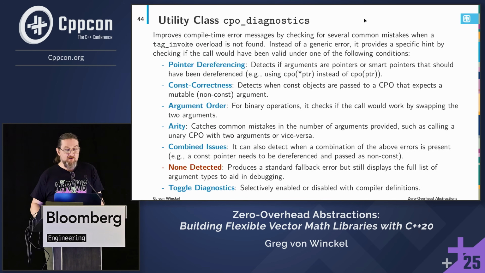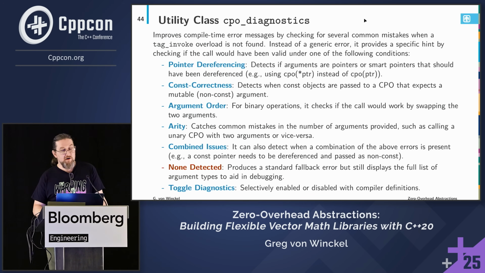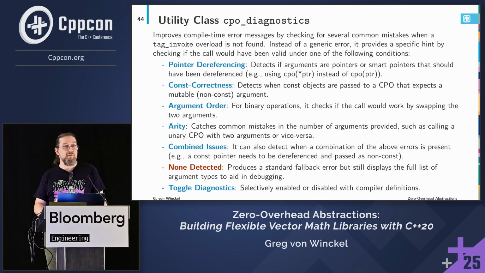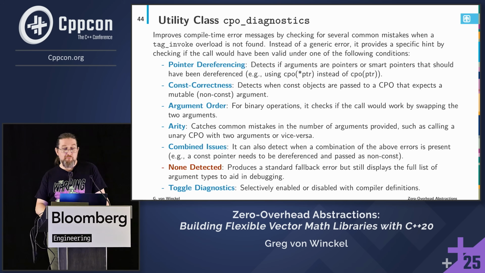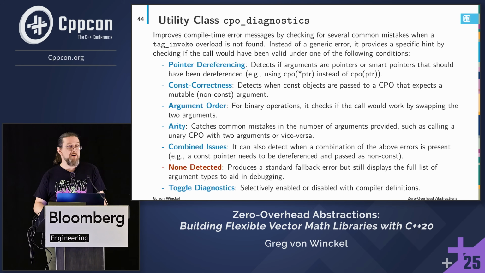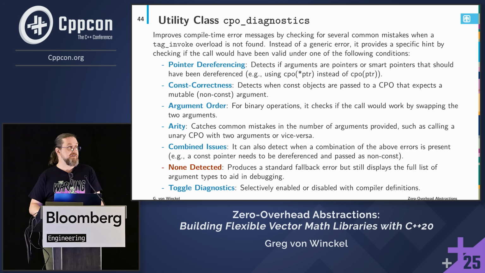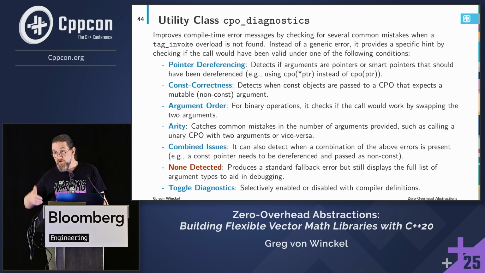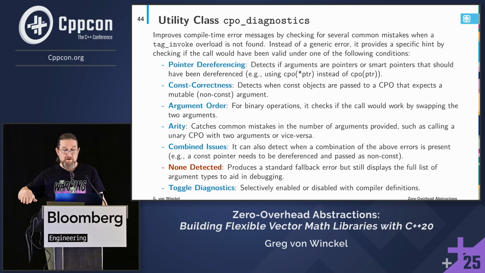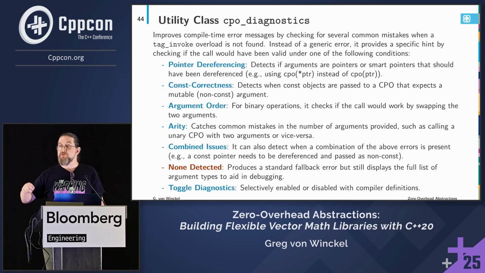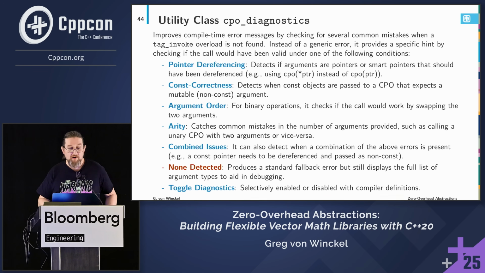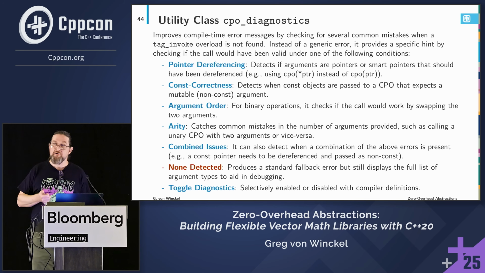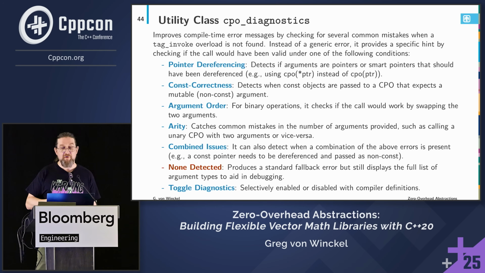As far as the diagnostics go, here's what I've implemented so far. If you pass in a pointer, a smart pointer, as an argument, and that is invalid because you forgot to dereference it, the compiler will tell you. Each of these things has a setting that you can selectively turn on and off with CMake or Meson parameters for how much work you want the compiler to do to determine what errors you made.